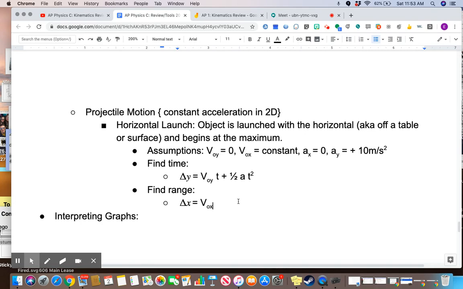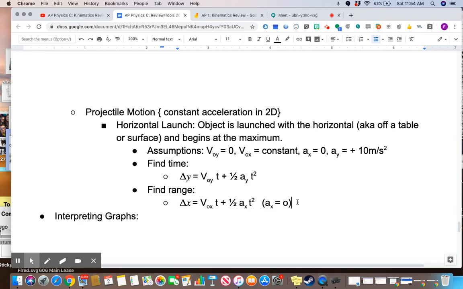That equation is plus 1/2 a t squared, but there is no acceleration in the x. So acceleration in the x is 0. That whole section of the equation cancels out.